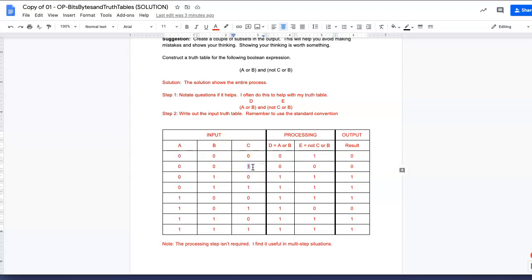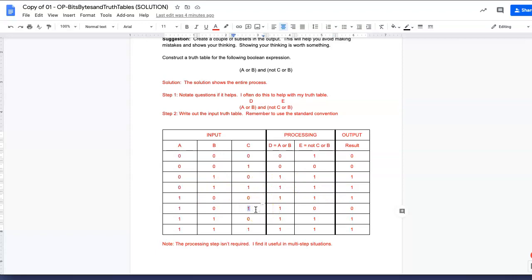Not C becomes 0, so 0 or 0 becomes 0. Not C, so that's 1 or 1 becomes 1. Not C, so that becomes 0 or 1 becomes 1. Not C, 1 or 0 becomes 1.